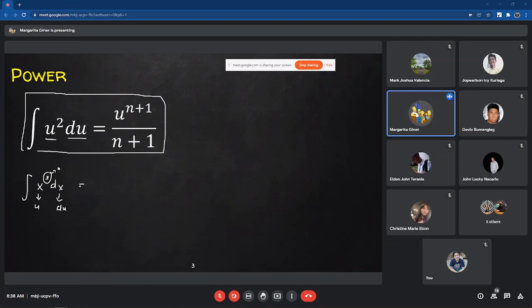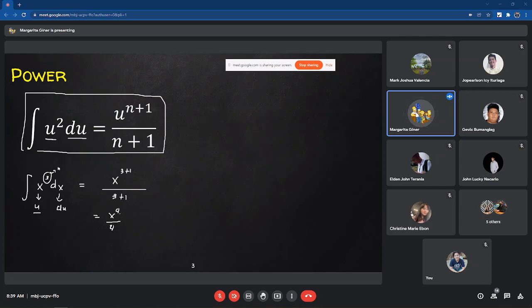Okay? So, kung i-follow natin ang formula, ang u mo is x, and then ang n mo is 3, plus 1, divide by 3, plus 1. So, this will become x raised to 4, divide by 4.